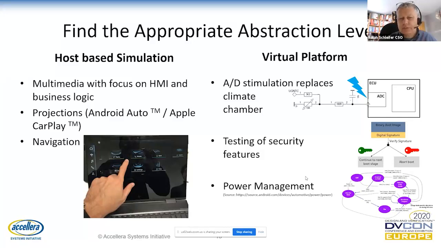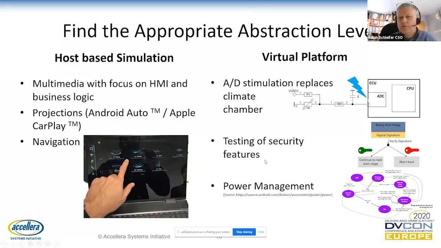So we use virtual host-based simulation for that one as well. Why don't we develop that on the real hardware? Because it has a lot of dependencies, it has instabilities, a lot of disadvantages that you can get rid of if you abstract the lower layers of the system away and just focus on the development of the application. So this is the host-based simulation part we are working with.